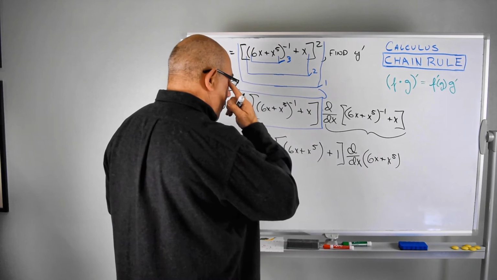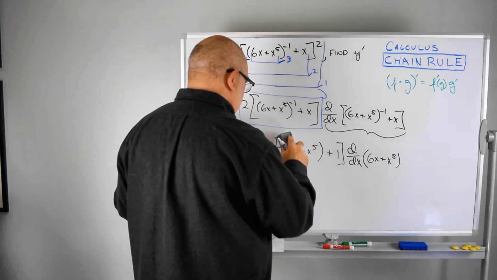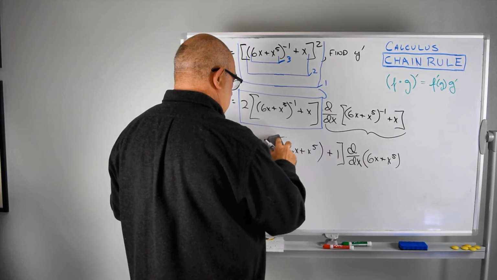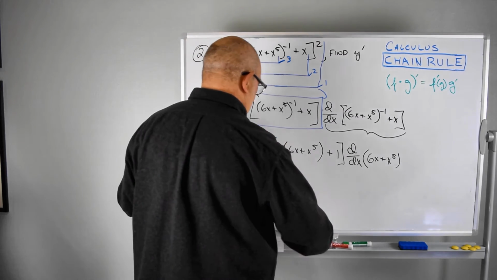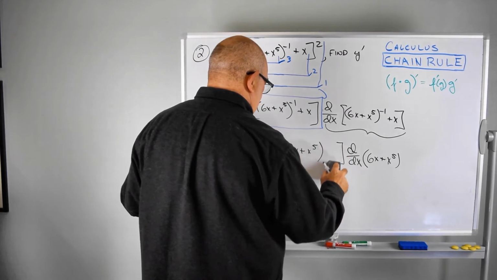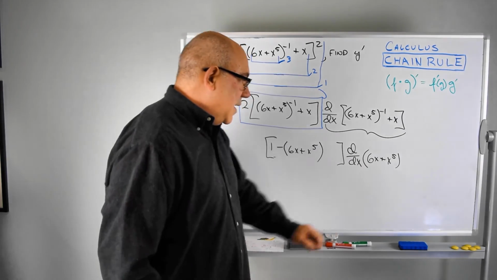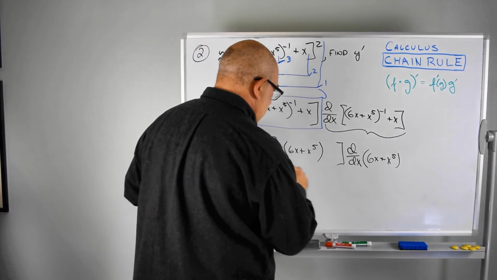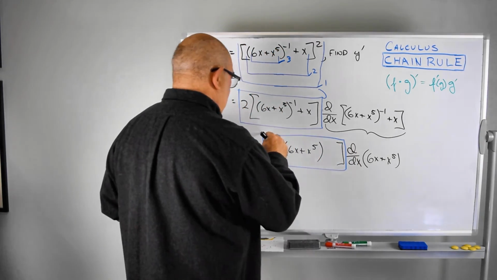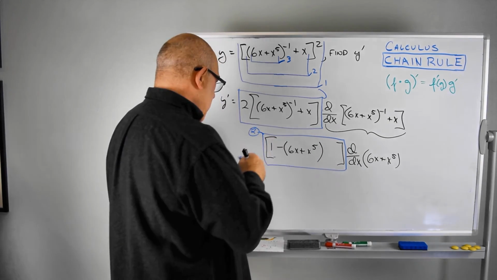Okay? So we can rewrite this a little neater, just to make it a little more common, like that. You make that 1 minus that quantity. So this is the second piece. So let's put our box around that. Here we go. So now we have the second piece solved.